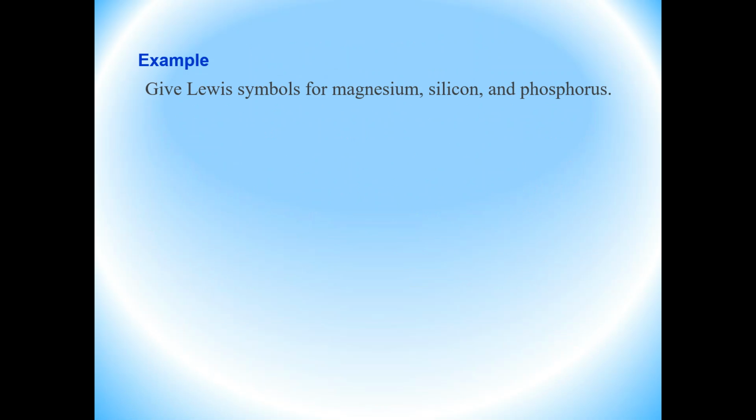If you're given a question like this, give the Lewis symbols for magnesium, silicon, and phosphorus, that's very easy. All you have to do is consult the periodic table and look at which group they're located in. Magnesium is in group 2. So the Lewis symbol for magnesium would be Mg, and then you put two dots next to it.